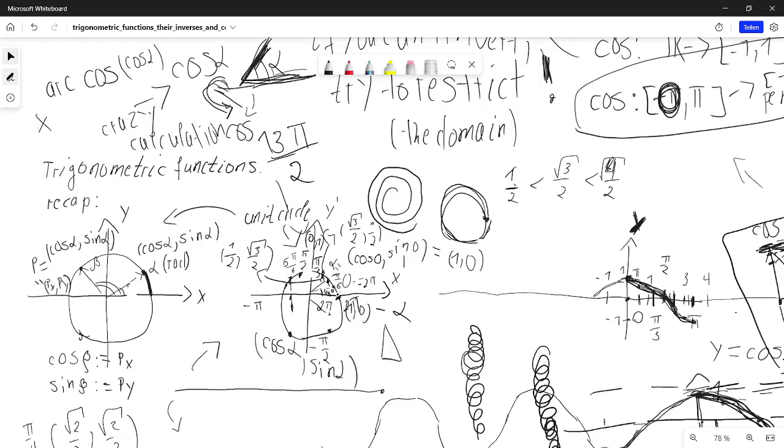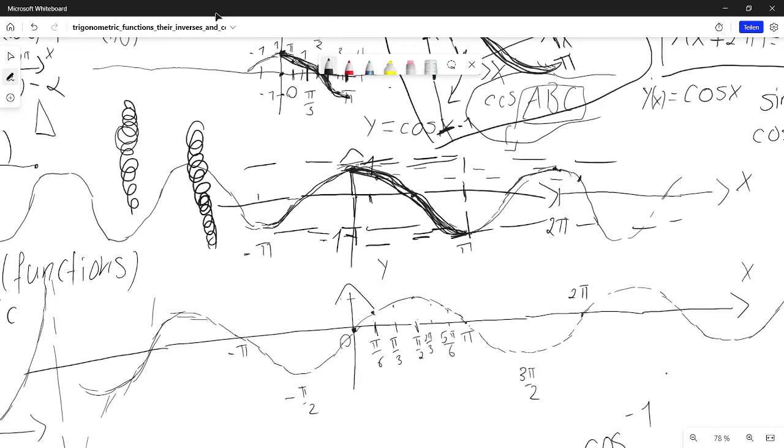And then you just know, well, I have to go here because you imagined the unit circle and you looked here. And then you just know you have to take 2 pi minus what this stupid calculator computed. So this is how inverse trigonometric functions work.